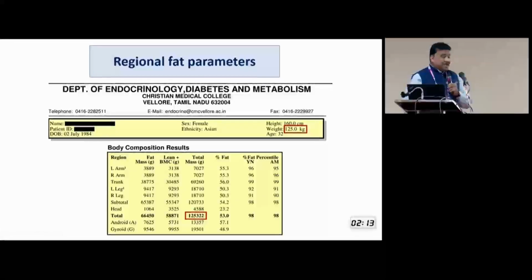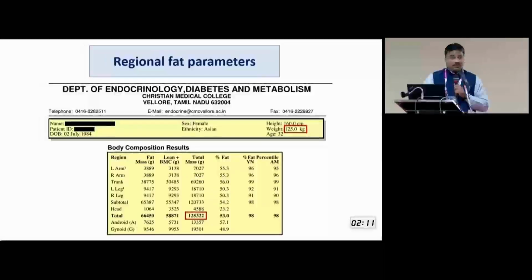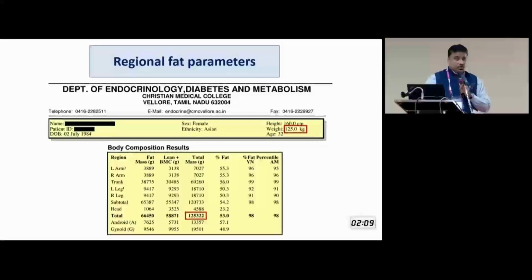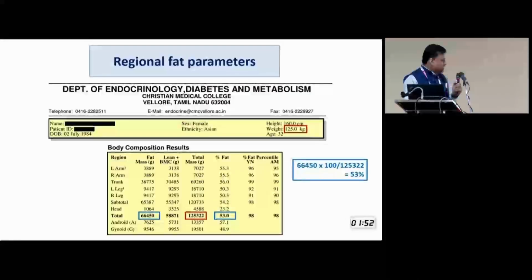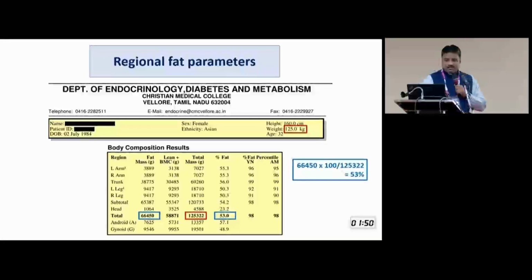Now, this is actually the weight which has been calculated by the machine. I said on the demographic details, we have a weight which is entered by the technician. This is the weight which is calculated by the machine. So you can see whether it is matching or not, and whether your scan room machine is actually doing well or not. The total body fat percentage, how we calculate, we have the total fat mass in grams.